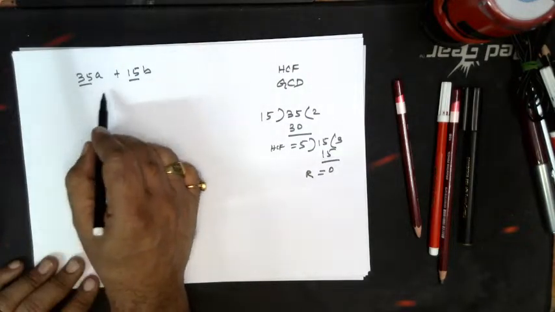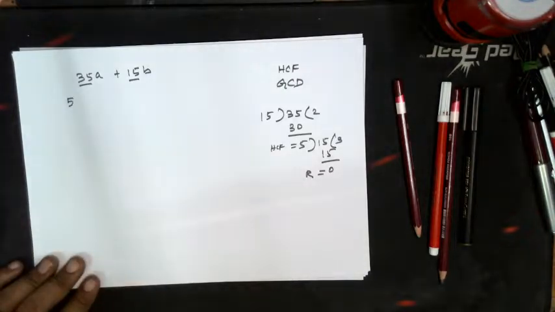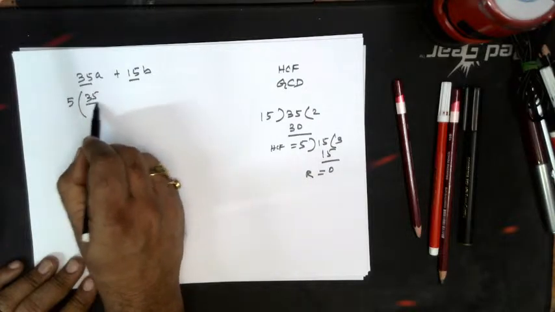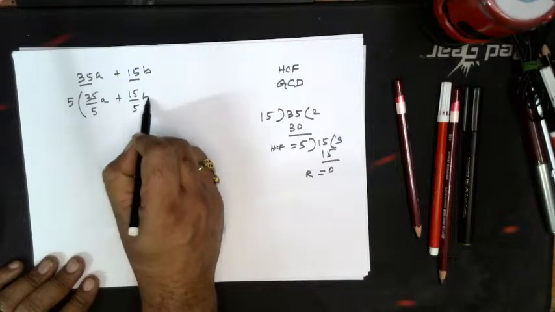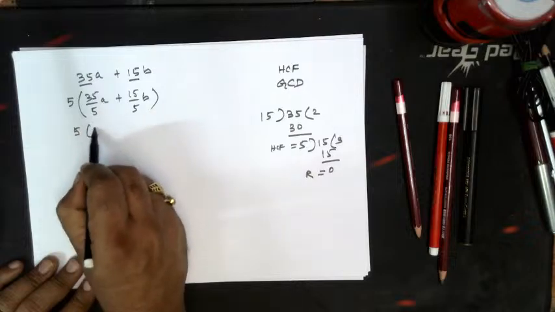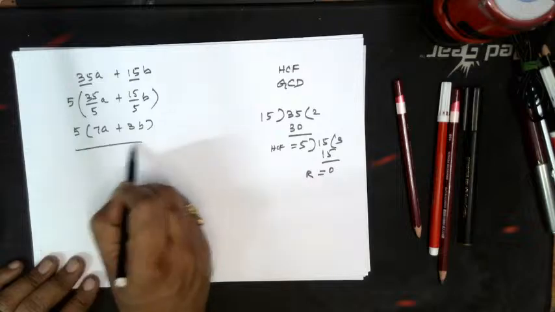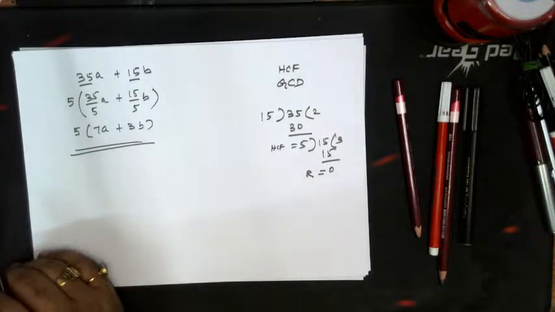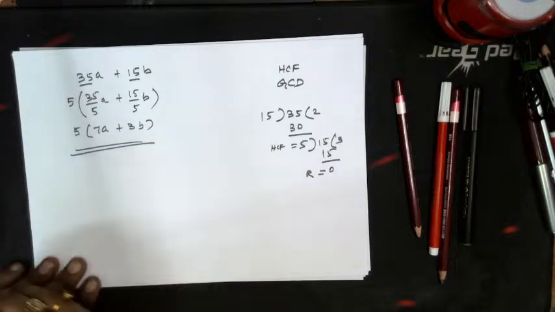So 5 is the GCD. You are dividing 35 divided by 5 A plus 15 divided by 5 B. Do you understand this? That is 7A plus 3B. I hope now you should be able to understand the need for HCF, for taking the common term outside the bracket.